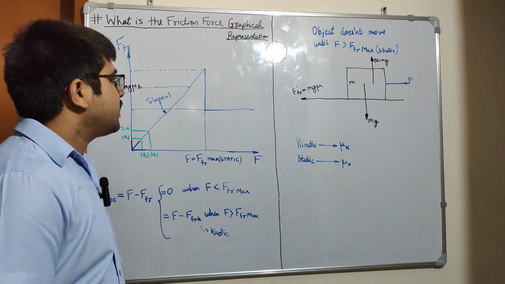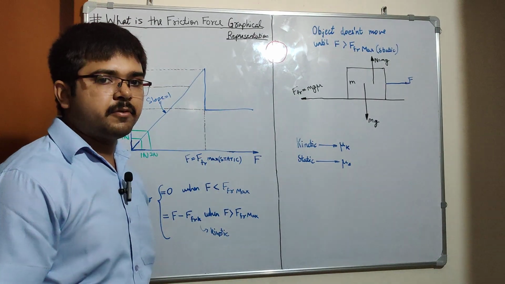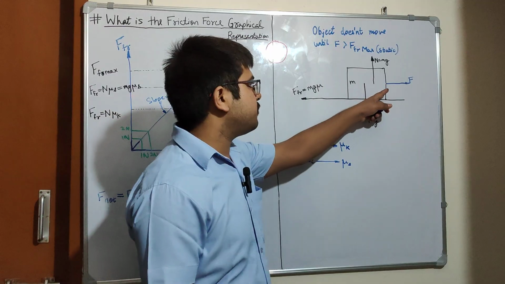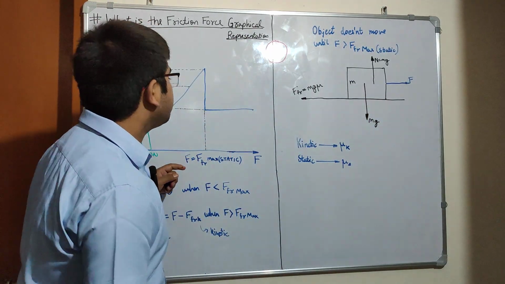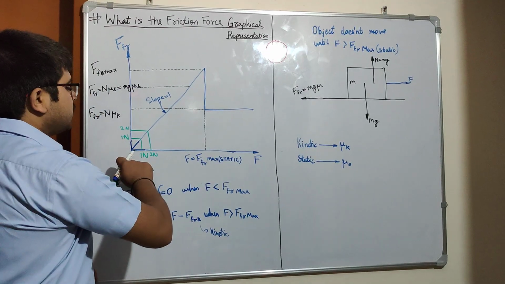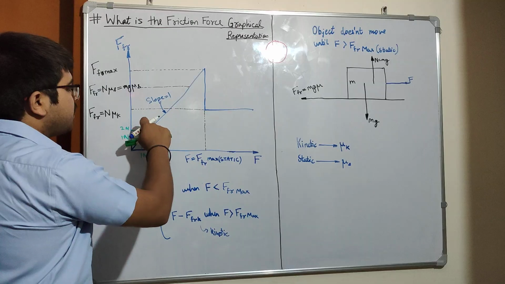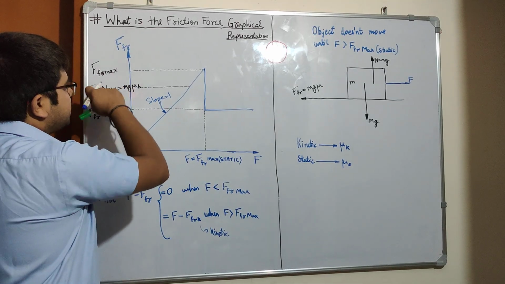To recap what this lecture has said: when we are applying a force on an object, the applied force goes on increasing, and the friction force also goes on increasing, and they are both equal until Fr max is achieved.